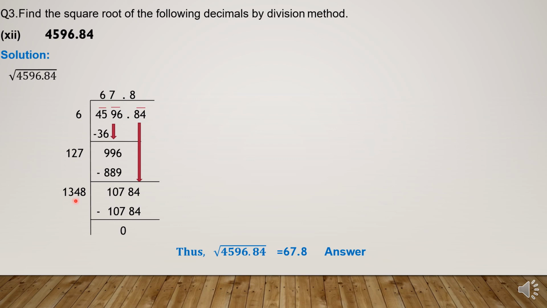With 134 we will try 8. 1348, 8s are 10,784. Subtract these values. Our remainder is 0, so 67.8 is our answer.